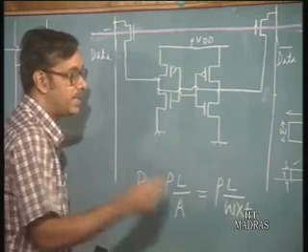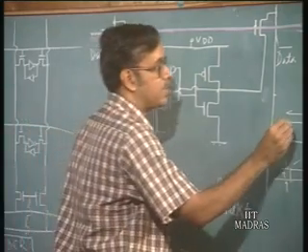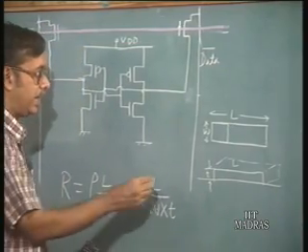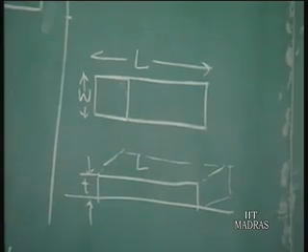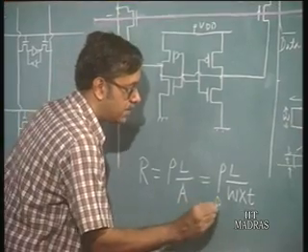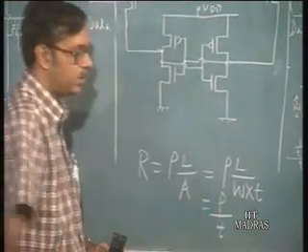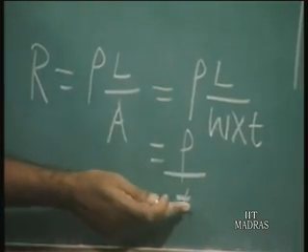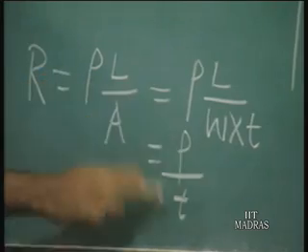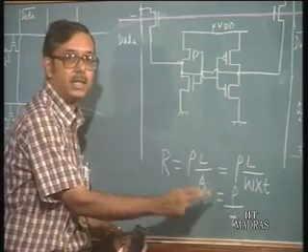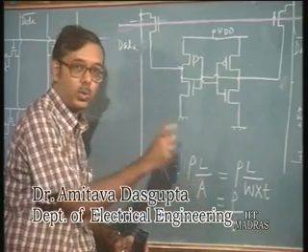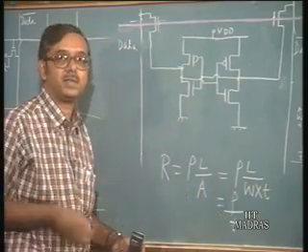Now, if you assume a square here, one square of this material, then the length is equal to the width. If you take 1 square of this material and length is equal to width, this becomes equal to rho by T, that is the resistivity by thickness. So, if the thickness of the material is constant, then we can define a resistance for a square of the material. The important point to note here is that this resistance of 1 square of the material is independent of the size of the square.